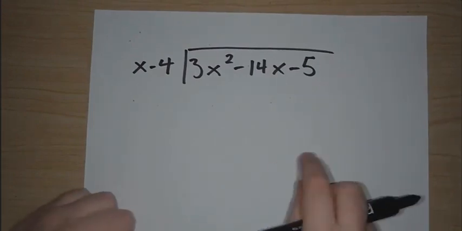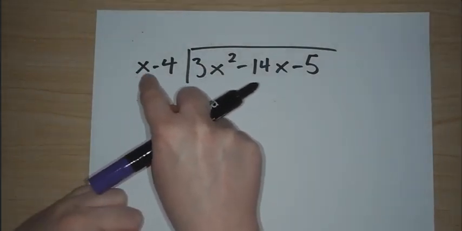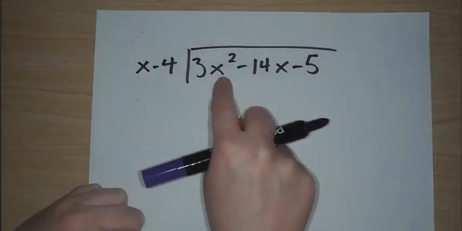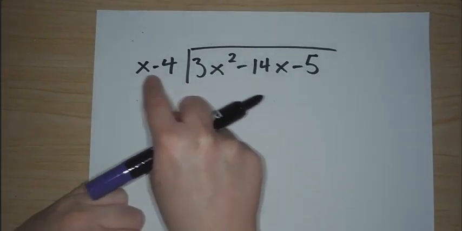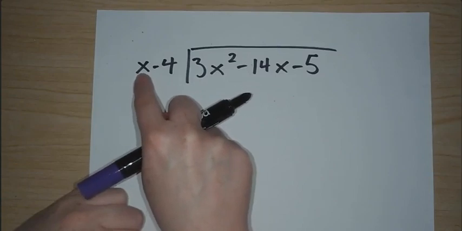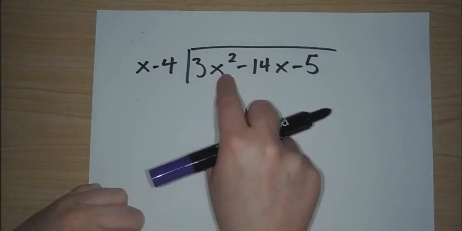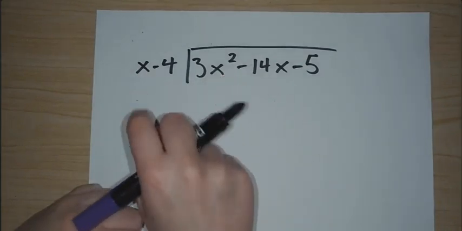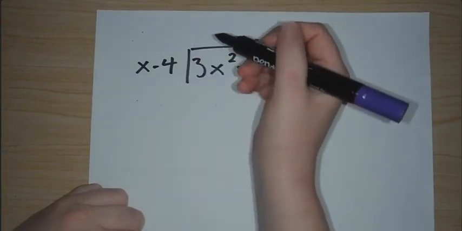So when we do long division, we take this leading number right here, this x, and we go, what do we multiply this number here, this x, by to get this number right here? So to get 3x squared from x, we need to multiply this x by 3x, and we're going to write that number up here.